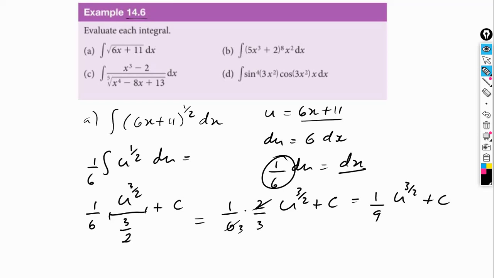Then we can just substitute back in, so this is going to be equal to 1/9 (6x plus 11) to the power of 3/2 plus c.